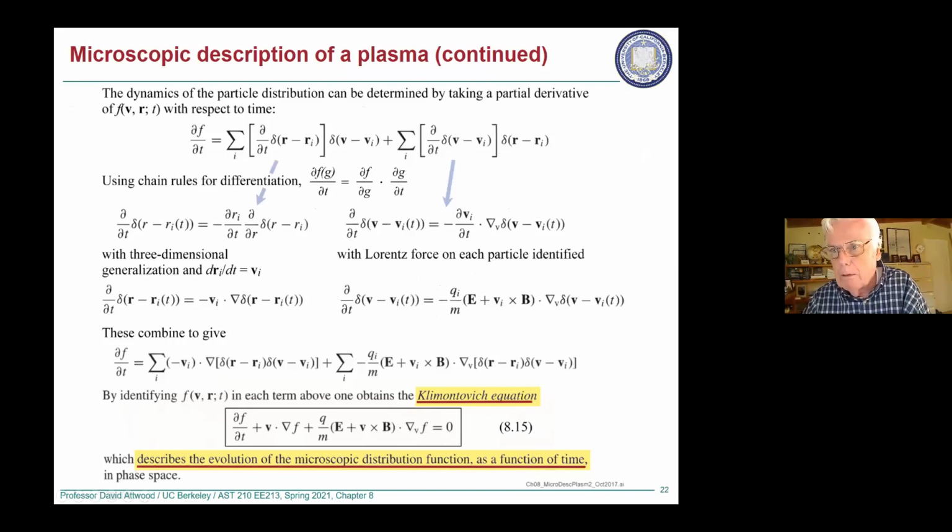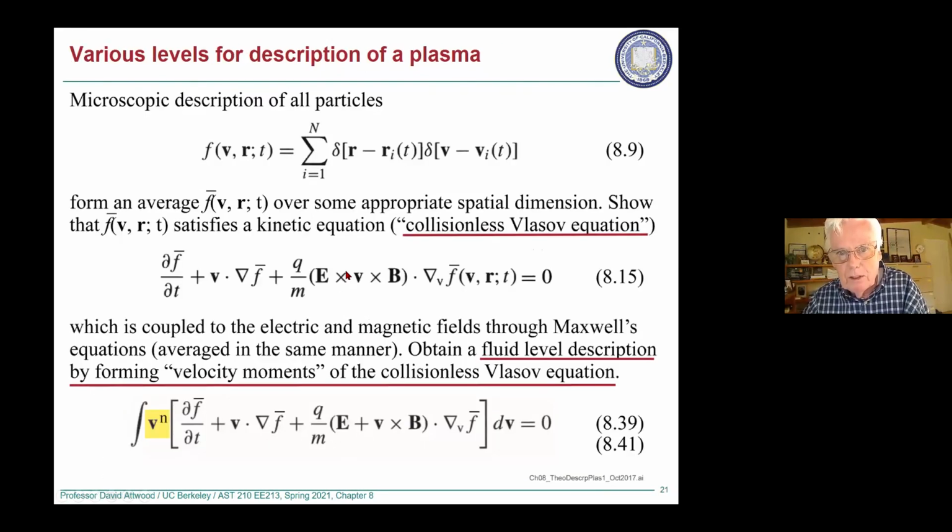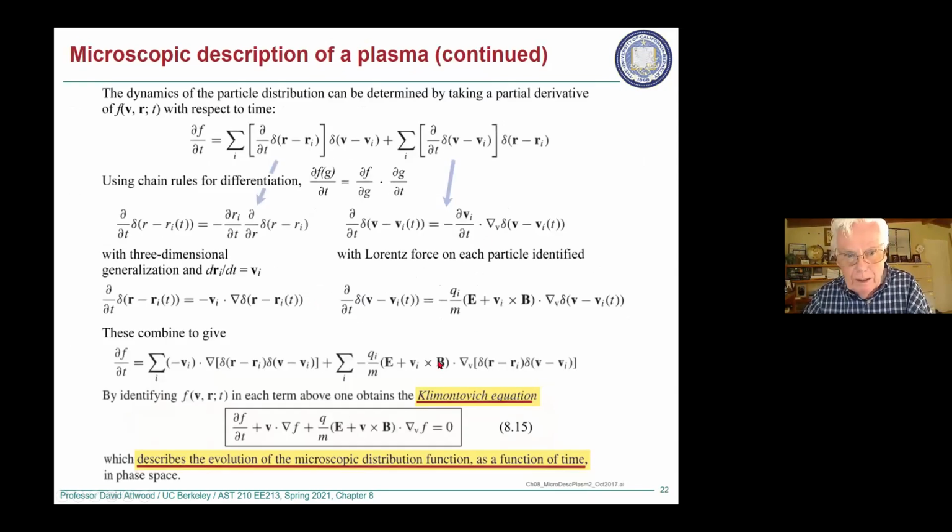Oh, by the way, what Josh was pointing out was this is a plus. This is the Lorentz force, E plus V cross B. So this is our original microscopic velocity distribution function, which has the positions and velocities of all the individual particles, and you sum over all the particles. And if you just take a derivative of that with respect to time, this is what you get.